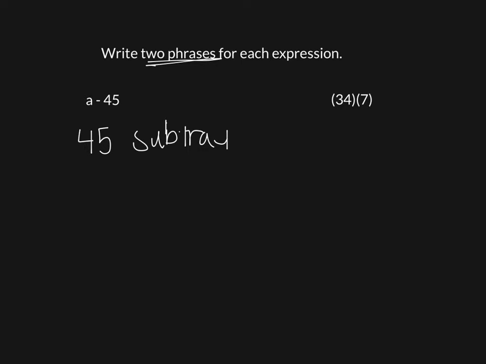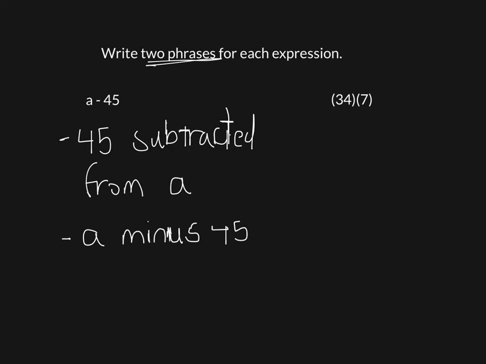Or I could write A minus 45. So those are my two phrases. I could also have said 45 less than A, take away 45 from A. Those are all things that I could have chosen.